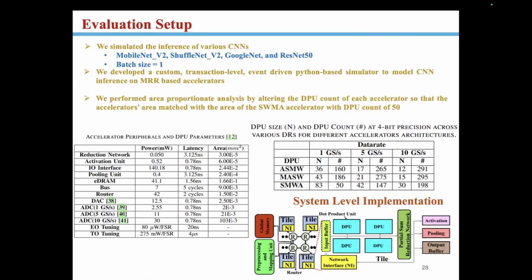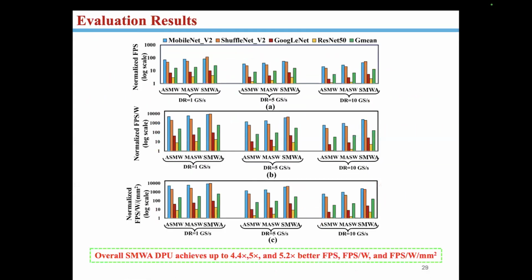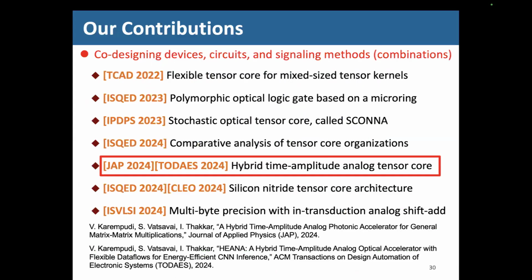And we did some system level analysis of these organizations as well. And we came up with the wavelength parallelism and waveguide parallelism numbers doing this analysis. And we showed that obviously SMWA will achieve high throughput compared to other designs over here. So that's this work over here.